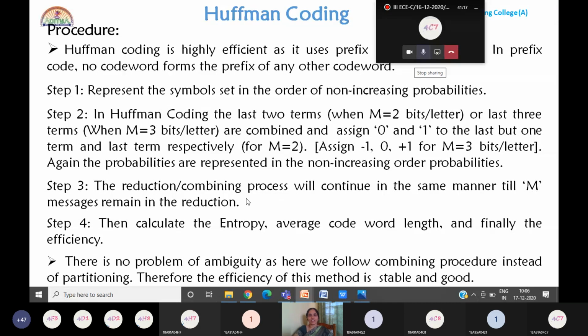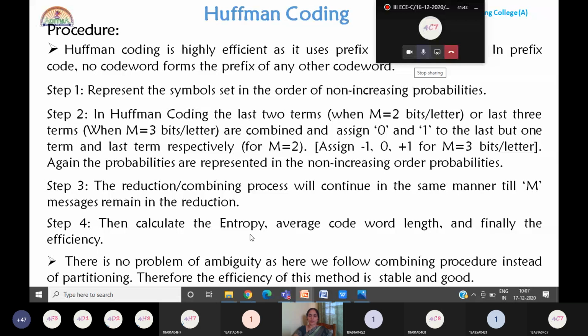So after completion of this whole combining process, we can construct the Huffman coding table, and in the same manner what you did, we need to represent the code word for each and every symbol, and then we will calculate the average code word length, entropy, and finally the efficiency.